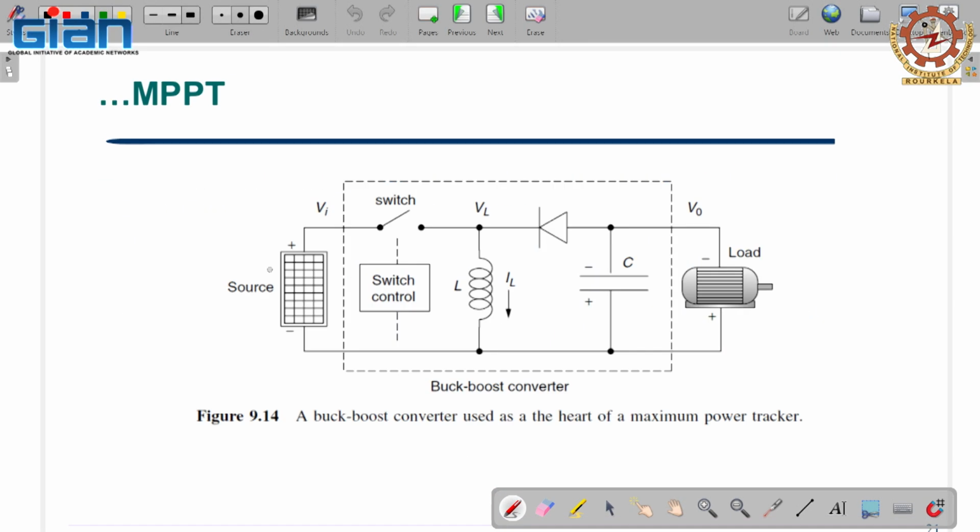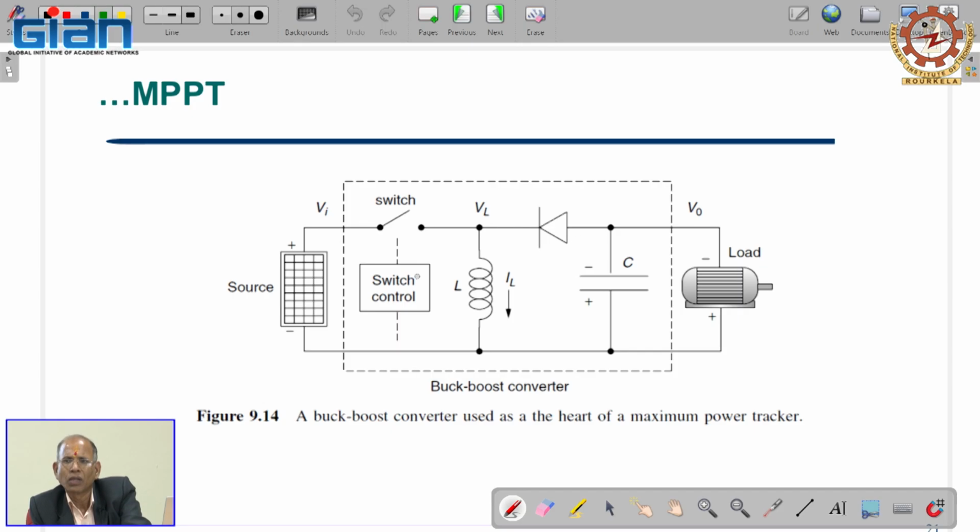When the switch is closed, current is flowing through this, and the diode is in this direction, so the inductor stores energy. Then when you switch off, whatever energy was stored while it was on should be dissipated.